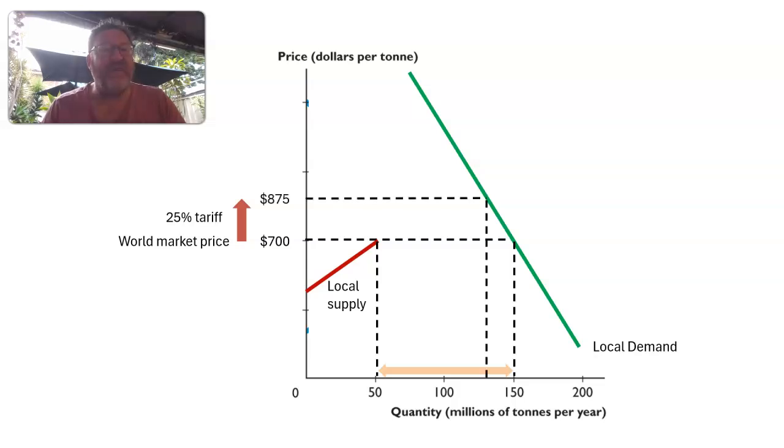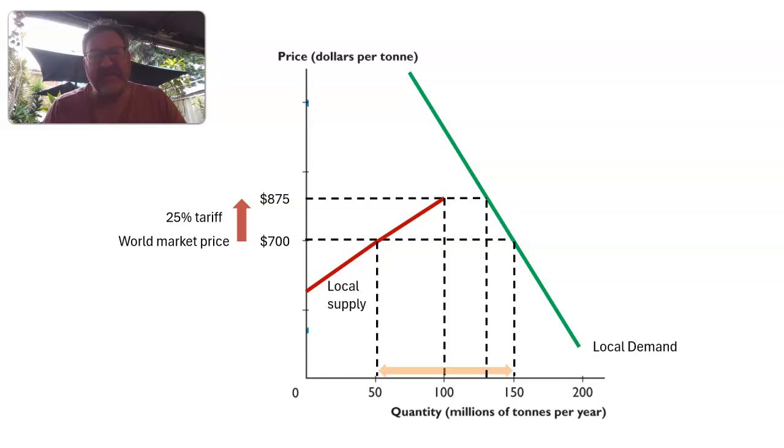That pushes the price up within the United States for steel to $875 a tonne. So, as we can see, for the local demand, there's a contraction in demand. It falls as per the law of demand, but local supply expands up to the new higher price.